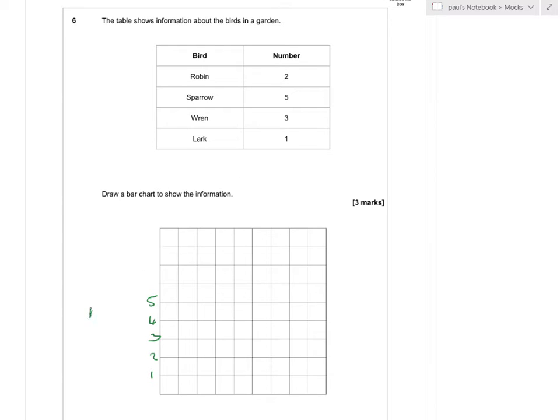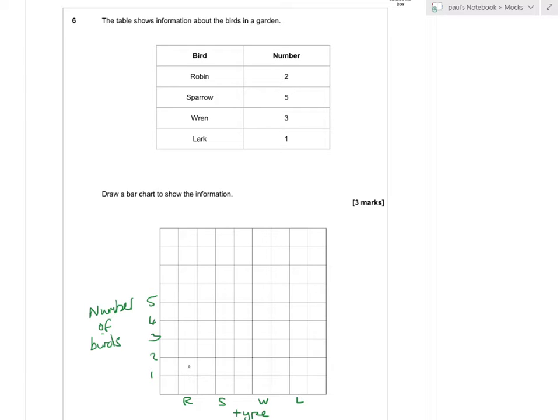So these are the number of birds, and then we've got the type of birds, and I'm just going to put robin there. And then can I leave a space? Yeah, I've got 4. Sparrow, space, wren, space, lark.